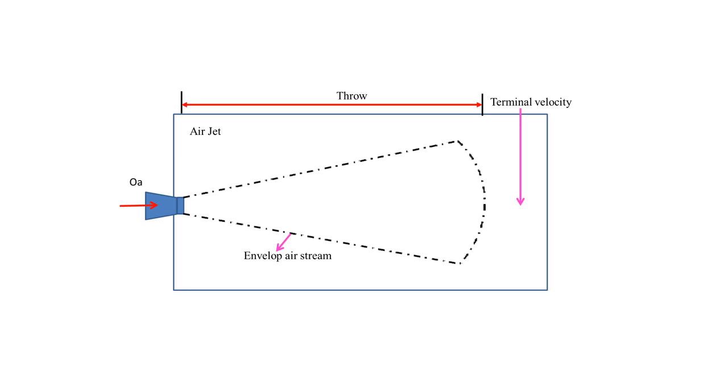Basically, you have seen this figure. Just to recap, a throw is the distance from the air supply that is being thrown out of the air conditioner, and the distance of the thrown air is the throw.